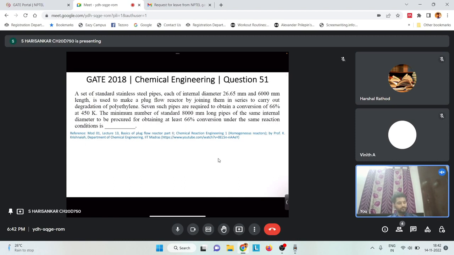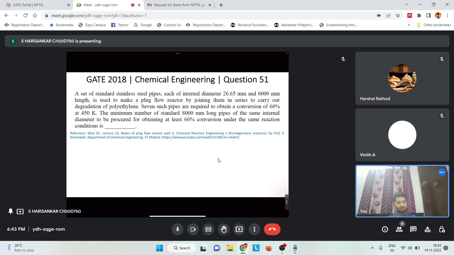So this is a question from GATE 2018 from Chemical Engineering, question number 51. A set of standard stainless steel pipes, each of internal diameter 26.65 millimeter and 6000 millimeter length, is used to make a plug flow reactor by joining them in series to carry out the degradation of polyethylene. 7 such pipes are required to obtain a conversion of 66% at 450 Kelvin.